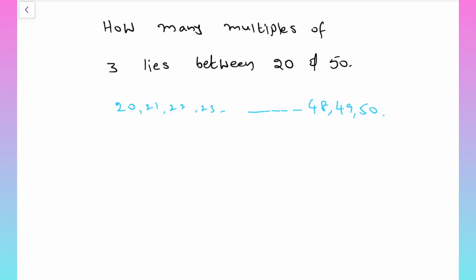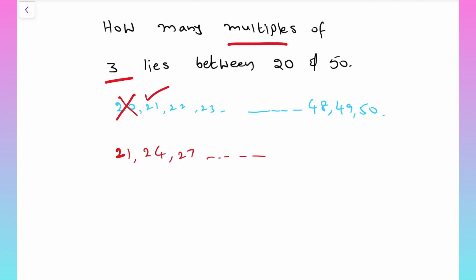These are the numbers from 20 to 50. In this question he is asking for multiples of 3 only, so we need to check the 3 table. 20 won't come in the 3 table. 21 will come in the 3 table. So starting from 21 onwards, the next numbers will be plus 3: 24, 27, and so on.